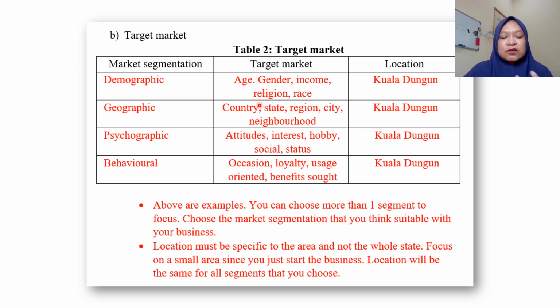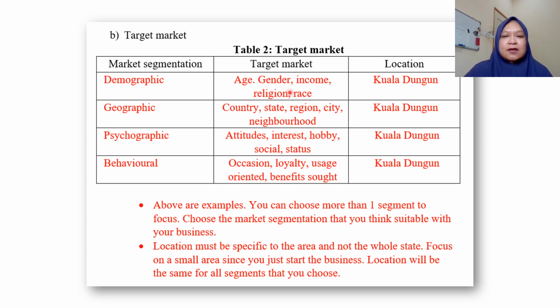Age: maybe you have an age range for your customer. If you choose to set based on income, maybe you sell clothes or a shawl, for the high income girl or low income girl, so you put the range of income.